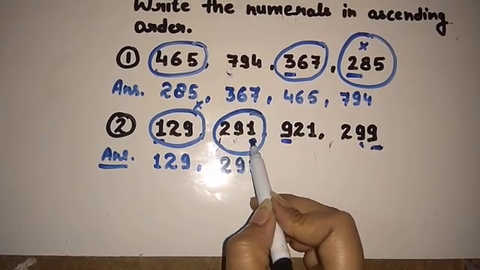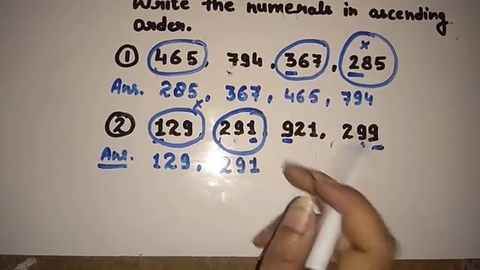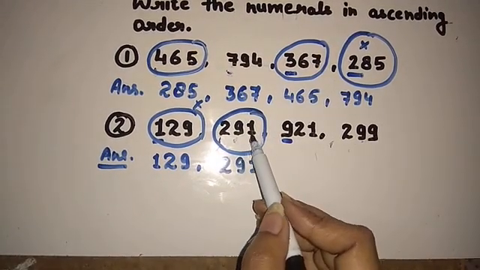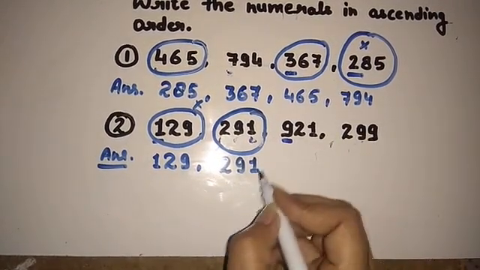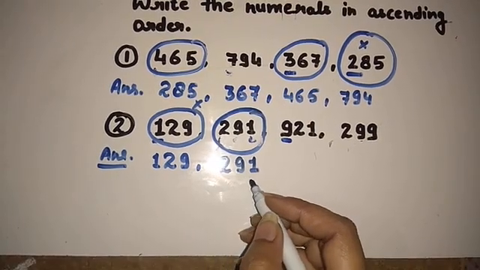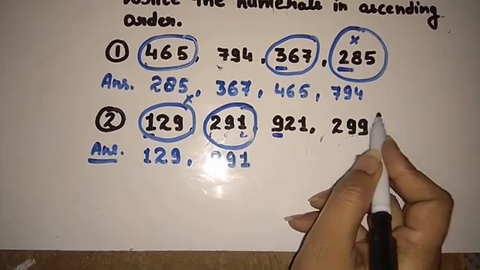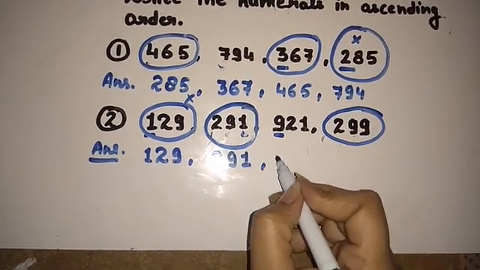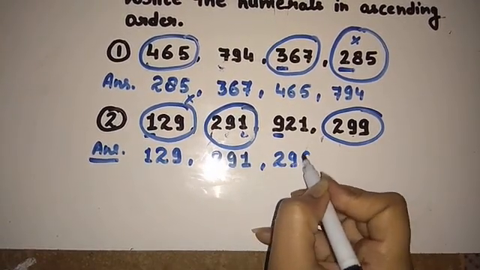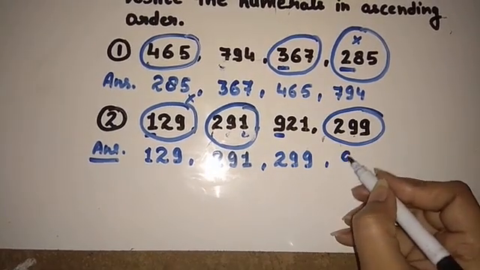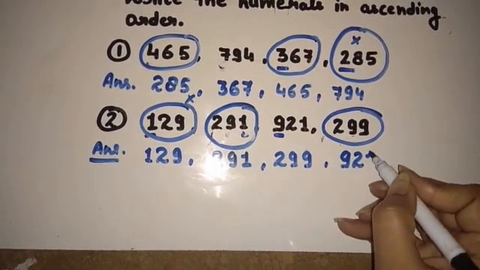Here 1 is given, here 9 is given. Now we can easily compare that 1 is smaller than 9. So this is the smaller number among these two. Next is 299. Only one is remaining, so it is our greatest number, 921.